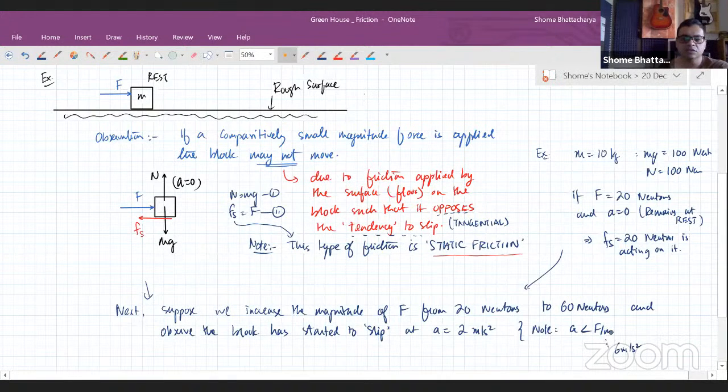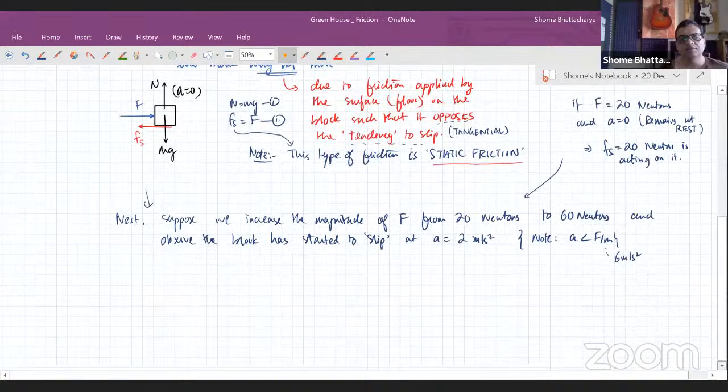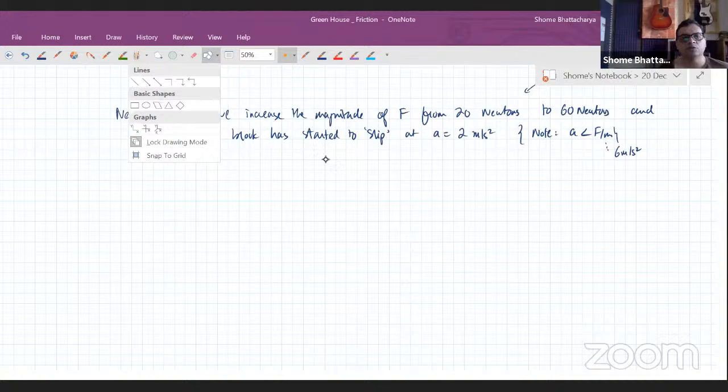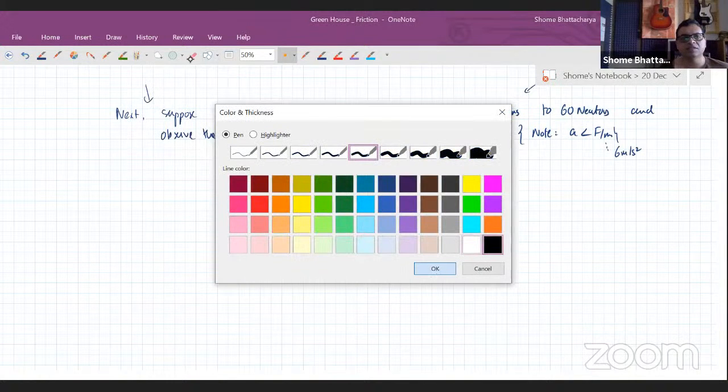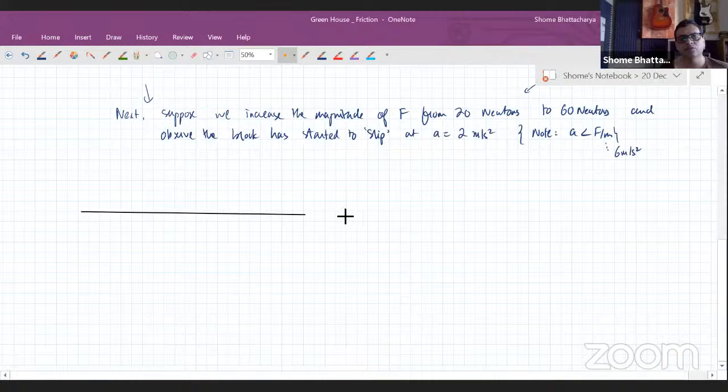So through this example, we will understand that there are two types of friction that can act: kinetic friction and static friction. So in this example, what is happening now is that the block has the same mass, is lying on the same surface, but the magnitude of the force we are applying, we have increased that from 20 newtons in the previous example to 60 newtons now.